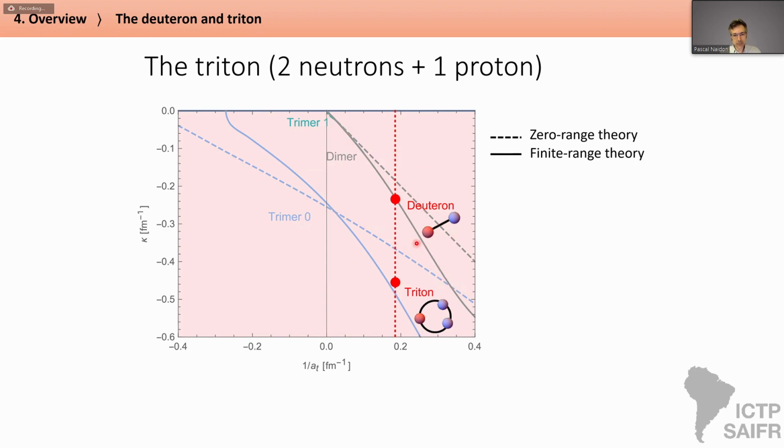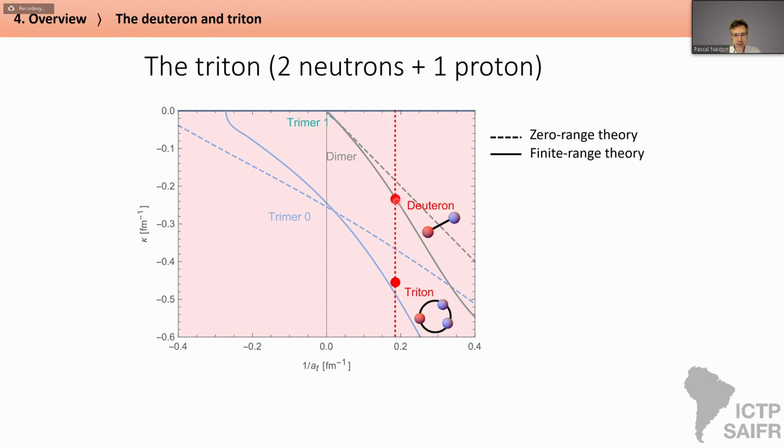And you see that there's a ground state here, and there's an excited state which is barely visible. Maybe you can see a little bit. But that's assuming that we can change here the triplet scattering length. The physical value of the triplet scattering length is indicated by this red line.